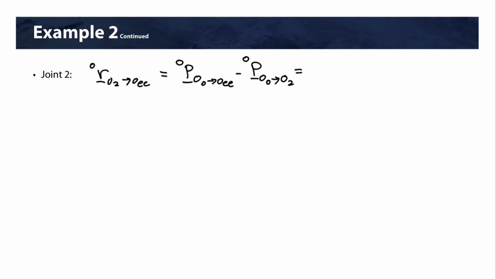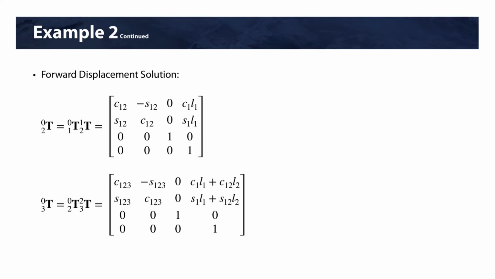I'm not going to keep writing that out because it's a big mess, but we know that. This one we're going to get from T02. So let's go to T02. All right, and there's our position vector there. So we can put that in.